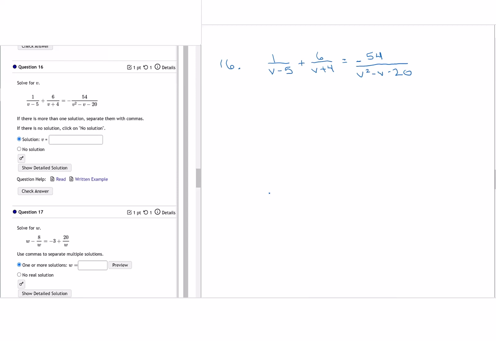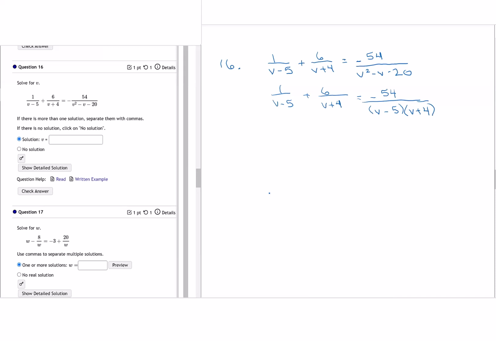I'm going to rewrite this as 1 over V minus 5 plus 6 over V plus 4 equals negative 54 divided by V minus 5 times V plus 4.